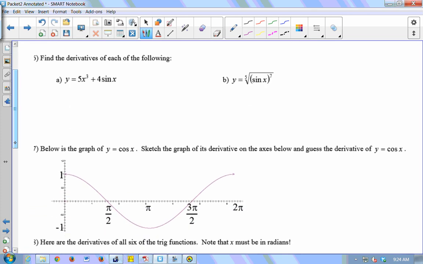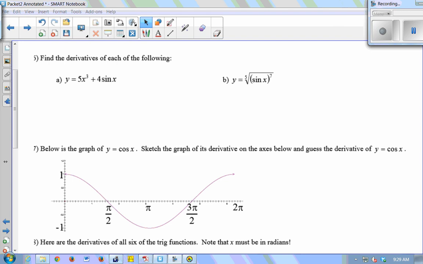Okay, so now in your groups, I want you to take a few minutes and take these two derivatives for practice. All right, let's do these together. So if y is 5x cubed plus 4 sine x, and I want to take y prime, that's a sum of two functions so that I can take their derivatives separately and then add them.